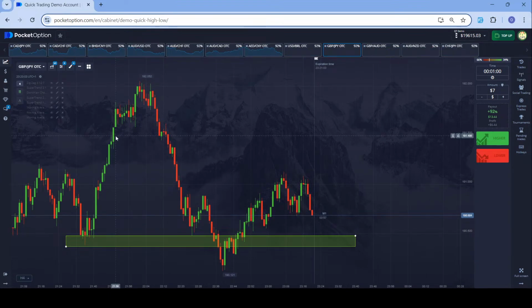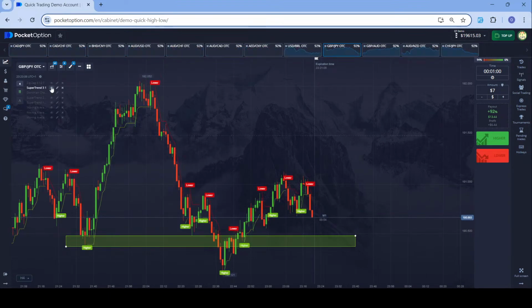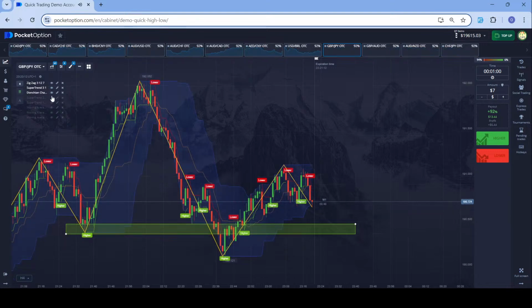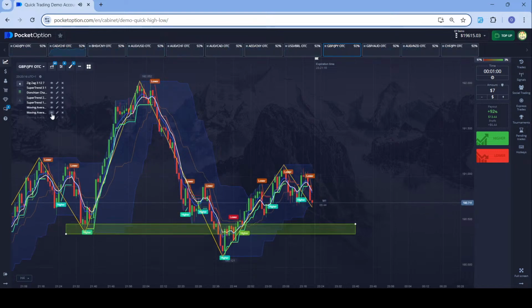Let me check these indicators, what they are showing. Oh, it printed. I didn't remember this indicator and I would have taken this trade. So I wanted to try price action, but I think the indicator will work this night since the market is not that giving. This indicator printed over here, and even these moving averages are pointing down.